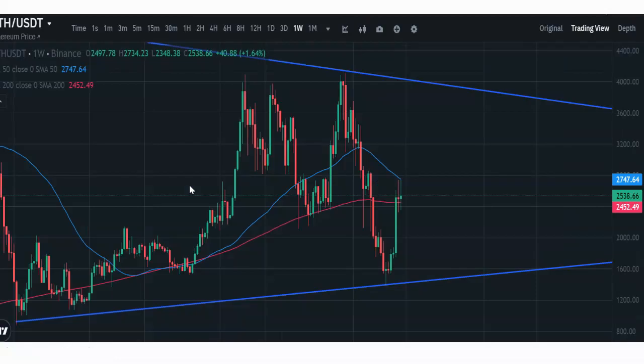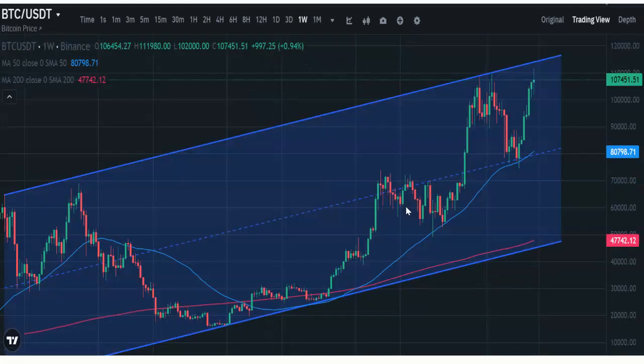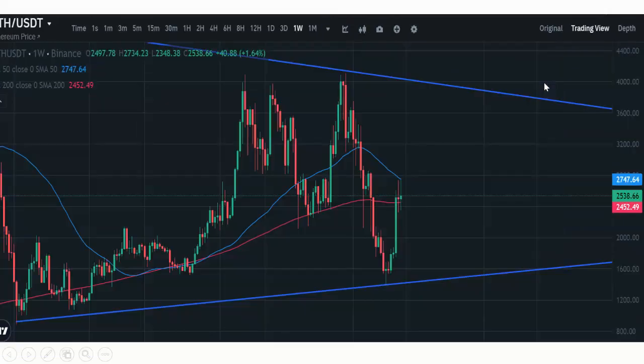Okay, Ethereum last week has formed a star here, then another one. If we correlate this to the Bitcoin, it has also formed a star here, the same star here. So if it is strongly correlated to the Bitcoin, then for sure this is going to go downwards.